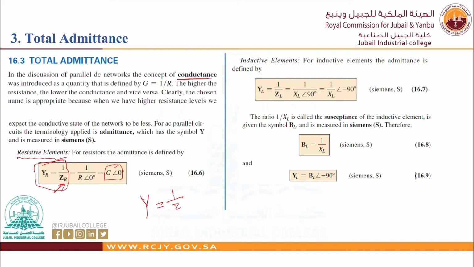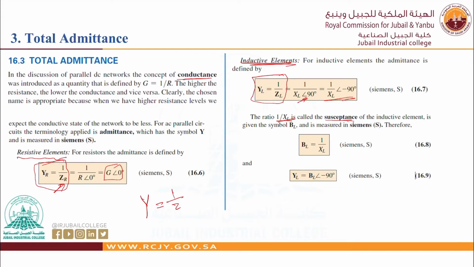Now in case of an inductive element, Y is equal to 1 over ZL. Of course ZL is XL with angle 90, and this is the answer. Now the ratio 1 over XL is called susceptance.